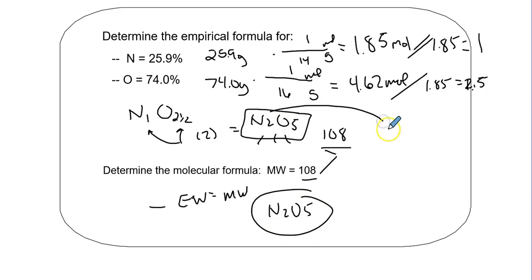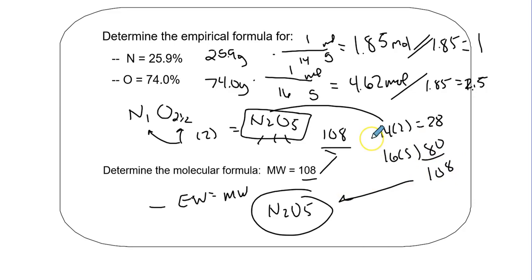The N2, 14 times 2 equals 28. And the oxygen is 16 times 5, which equals 80. And that is what I thought it was. Therefore, 108, and that's my answer.